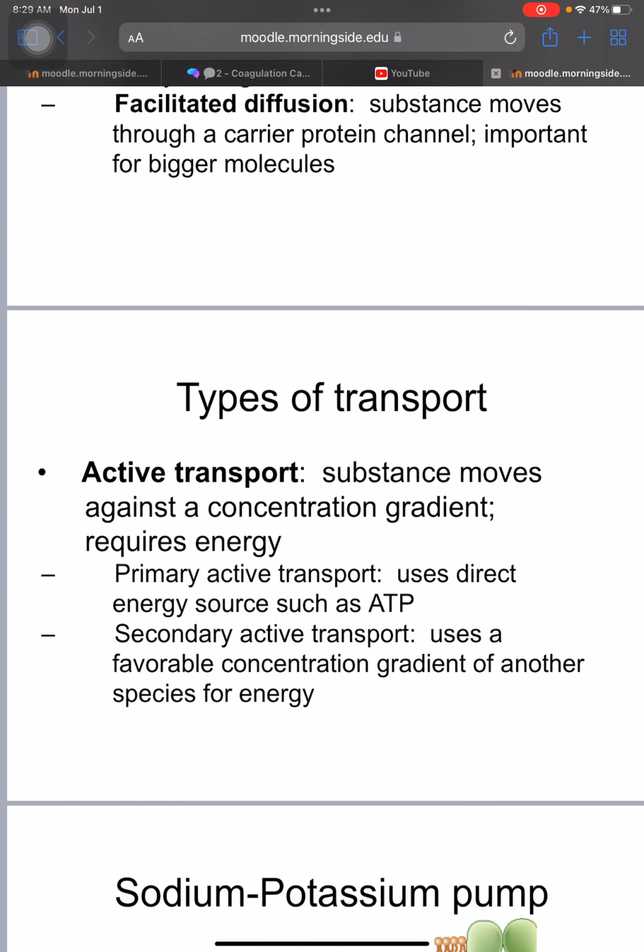Third bullet point. There are other ways that you can get energy other than using a direct energy source such as ATP, right? And this is where we get what we call secondary active transport. So you're still going against the concentration gradient, but you're getting your energy in a different way.